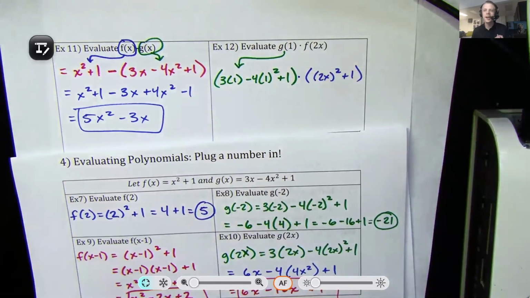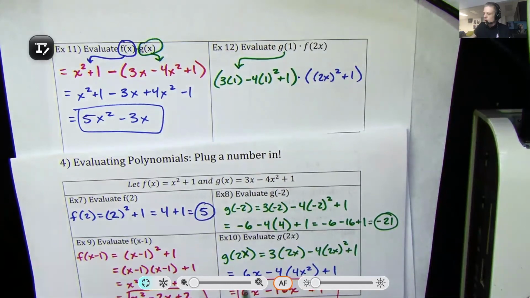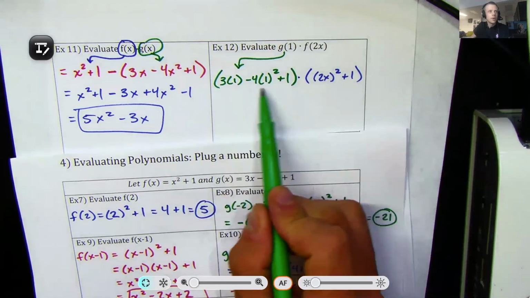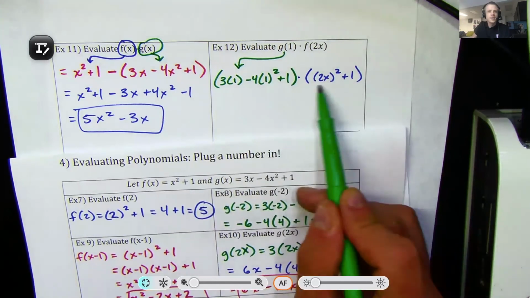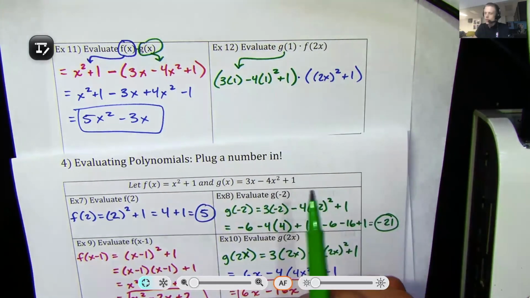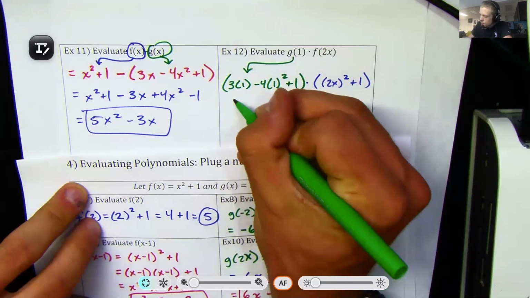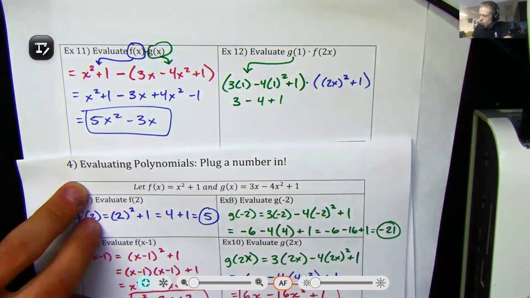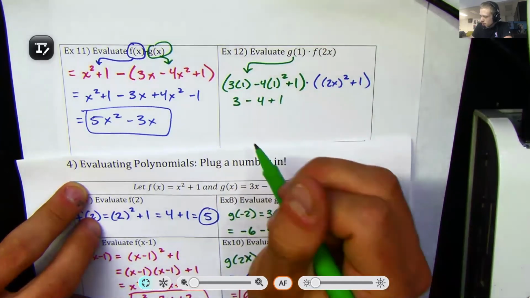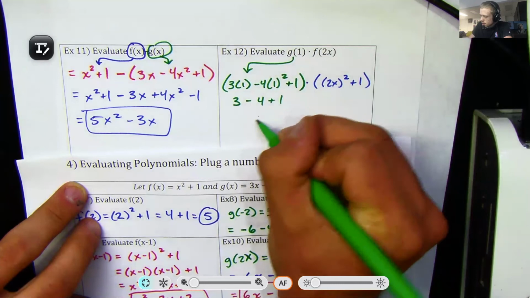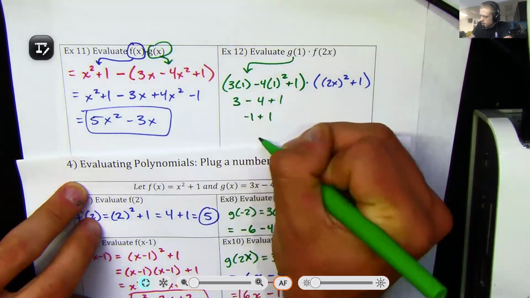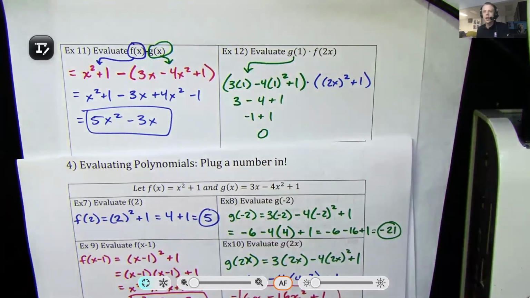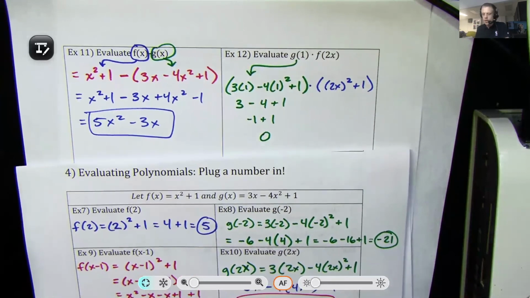So I kind of want to back up and take a higher level view of this. Keep in mind that this is going to be a number multiplied by something that is going to have variables in it, right? So if I simplify this, I get 3 minus 4 plus 1, which is, let's see, negative 1 plus 1, which is 0, right? So I'm taking this kind of piece by piece.